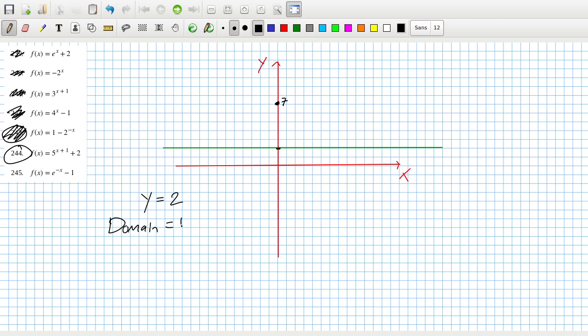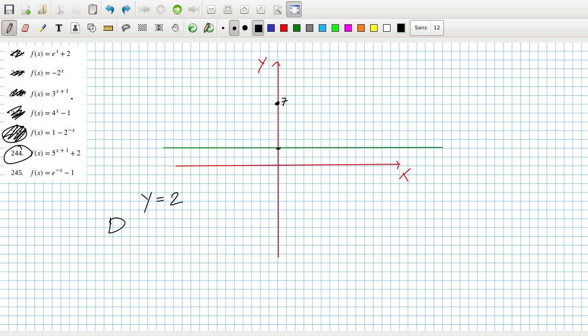Domain, all reals. And it's coming up like this. And the range is 2 to infinity. And there's no answer to check for that one, but it's done, I hope. Okay.